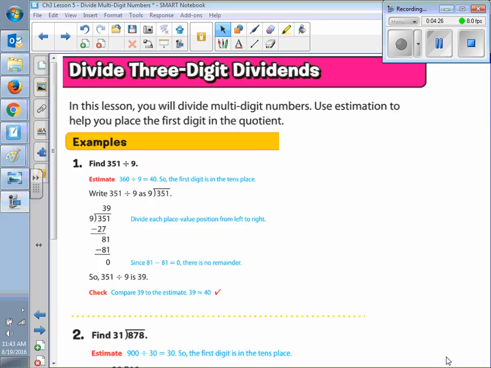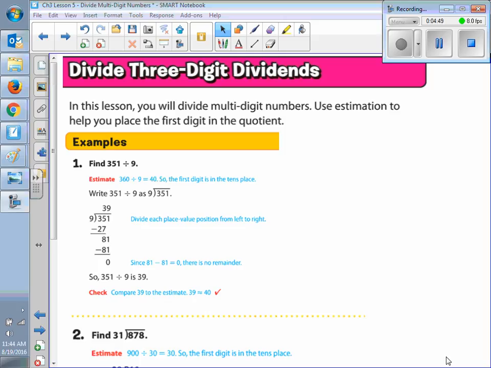So then we multiply. 9 times 3 is 27. Then we subtract. Once you subtract, then you bring down the 1, and then you finish the problem. How many times does 9 go into 81? 9 times. Put that at the top with the quotient. And 9 times 9 is 81. You subtract, and now you have no remainder. Got it?